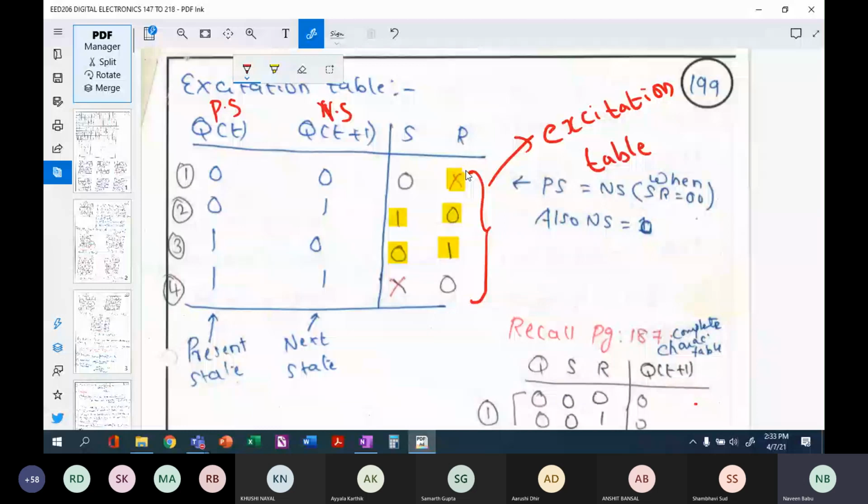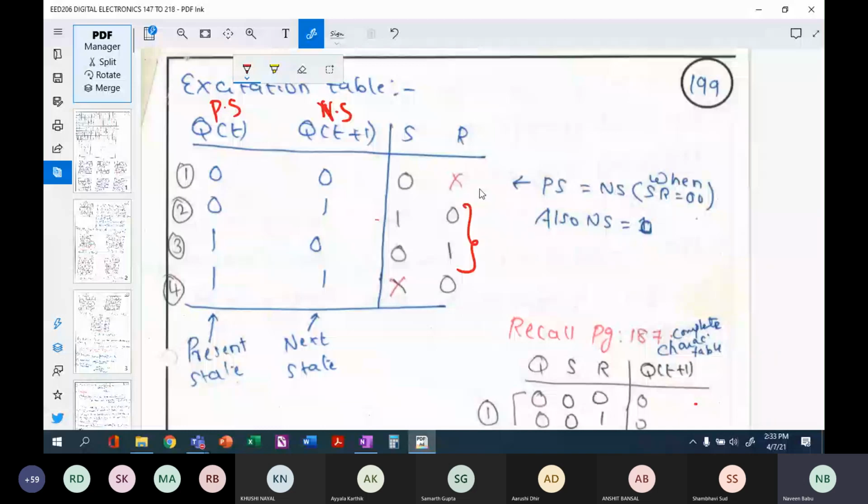So when it is 0 0, it is 0 don't care. When it is 1 1, it is don't care 0. Otherwise, for SR flip flop, 0 1 is 1 0, and 1 0 is 0 1. So we will remember these, and we will revisit again and again, so that it stays in our brain.